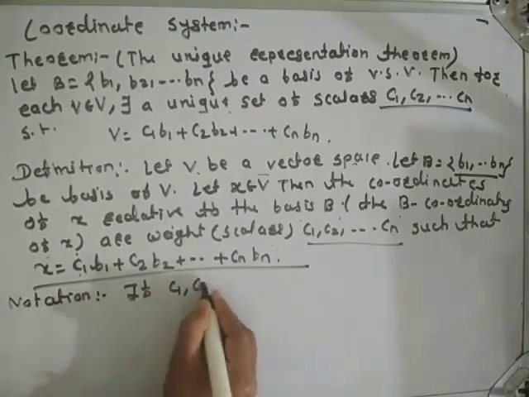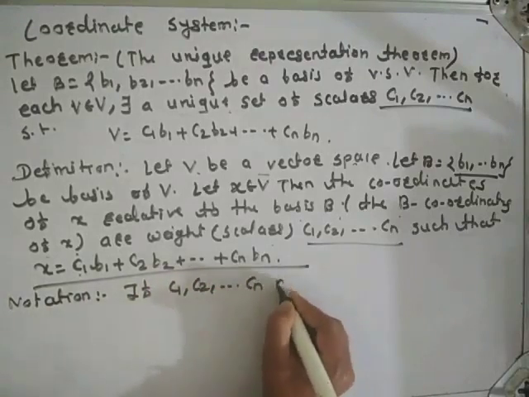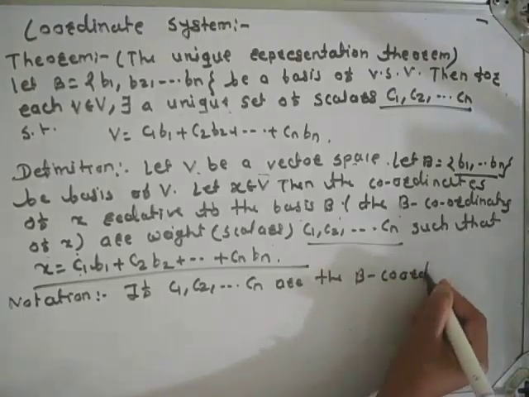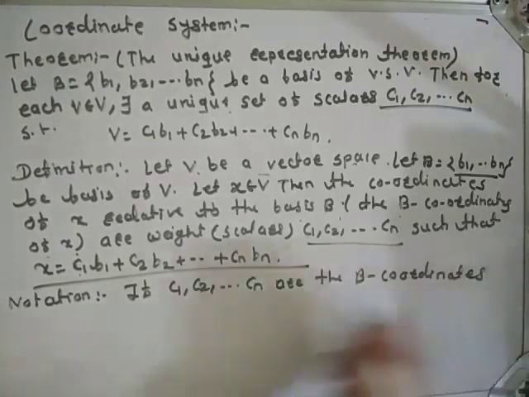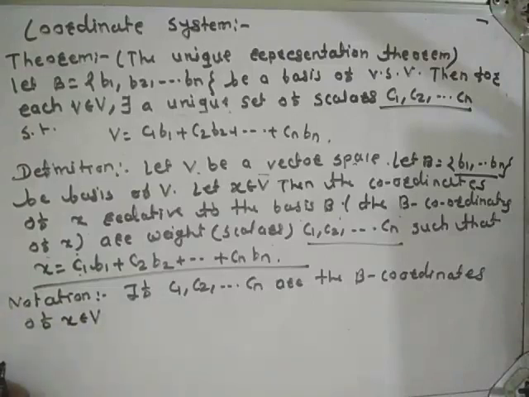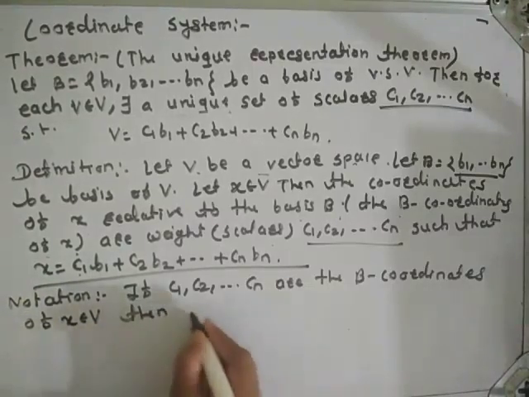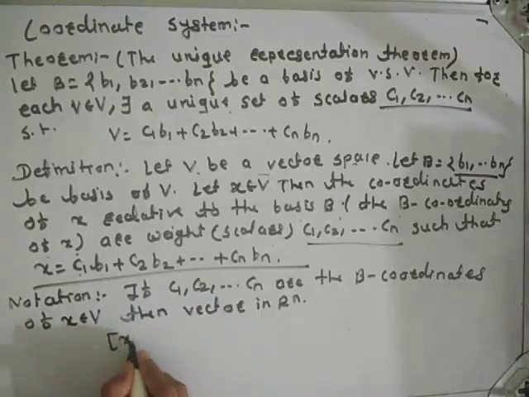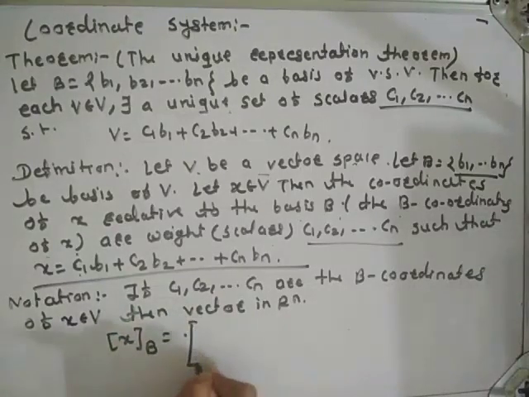If C1, C2 and so on up to Cn are the B coordinates of X belonging to V, then the vector in Rn, the B coordinate of X, or the coordinate vector relative to the basis B, is C1, C2 and so on up to Cn.